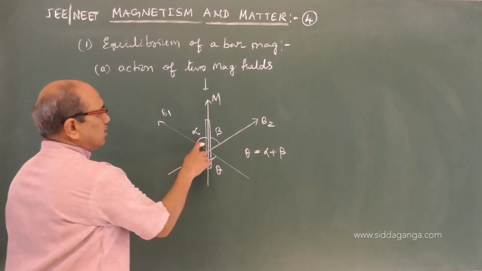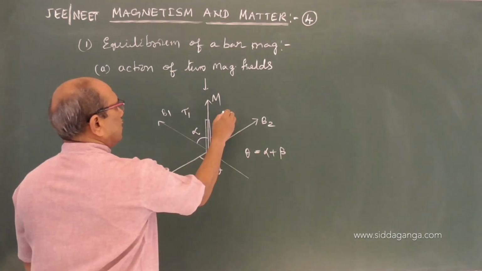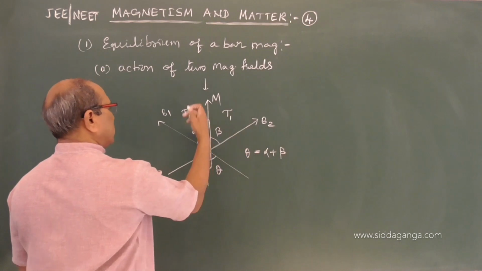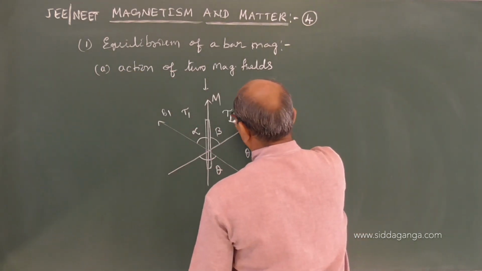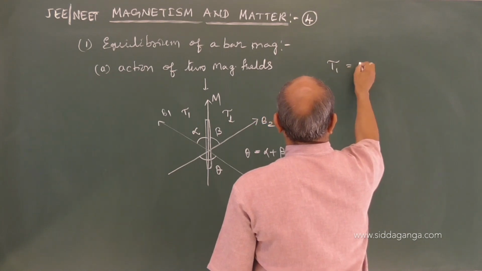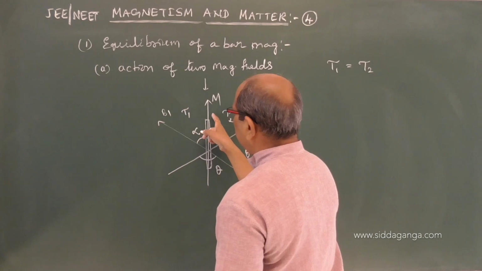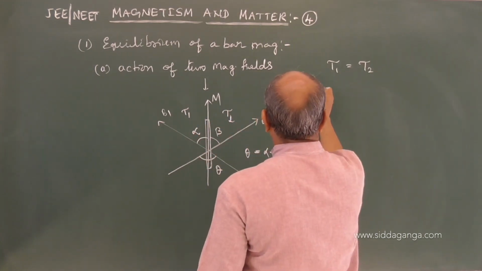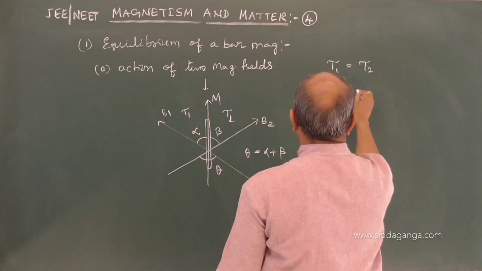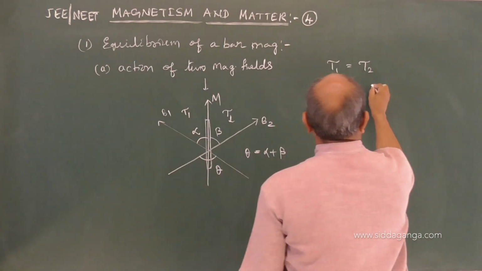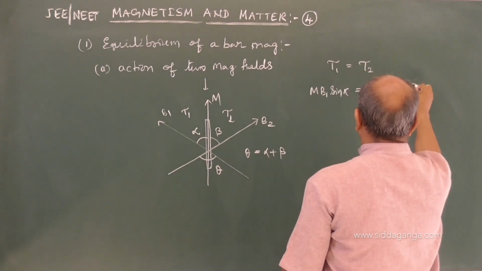If it is under equilibrium, the torque is acting, which is bringing towards, or this is bringing towards the opposite direction. Both the torques must be equal, tau 1 equal to tau 2. Torque, if their moment is M, field is this. M into B1 into sine alpha is equal to M into B2 into sine beta.